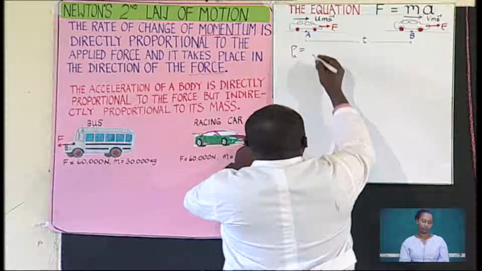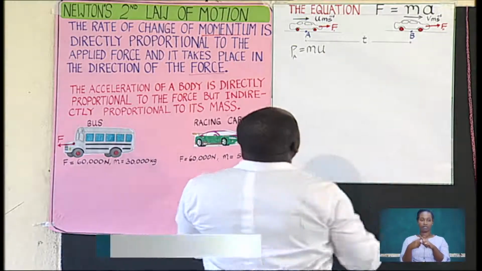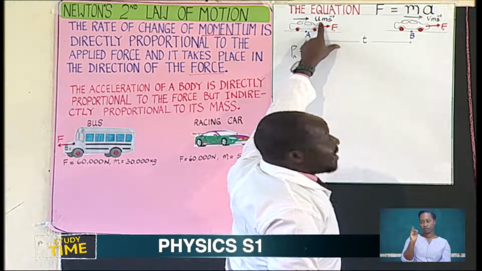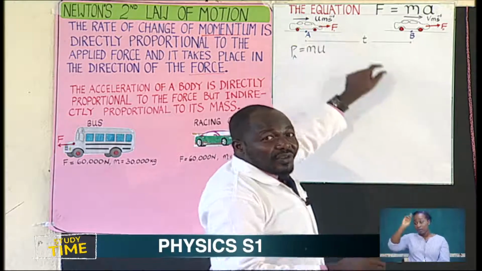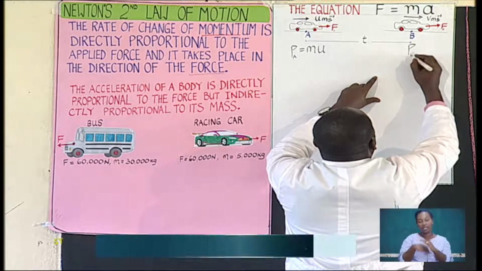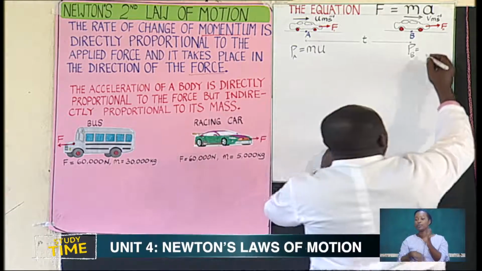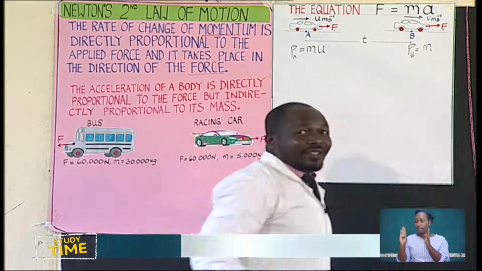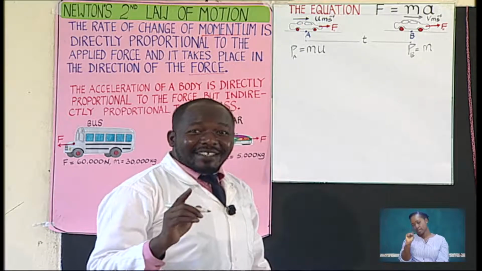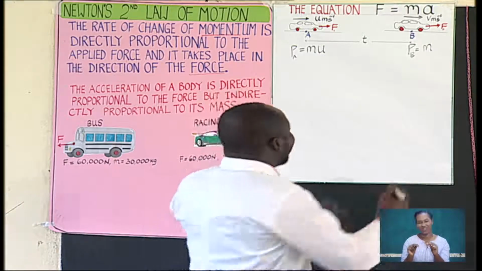So this is going to be the mass of the car times velocity. Remember the velocity at point A is u. Let's look at momentum at point B. Momentum at point B is going to be mass, which is m, times, is it u again? No. Times v.